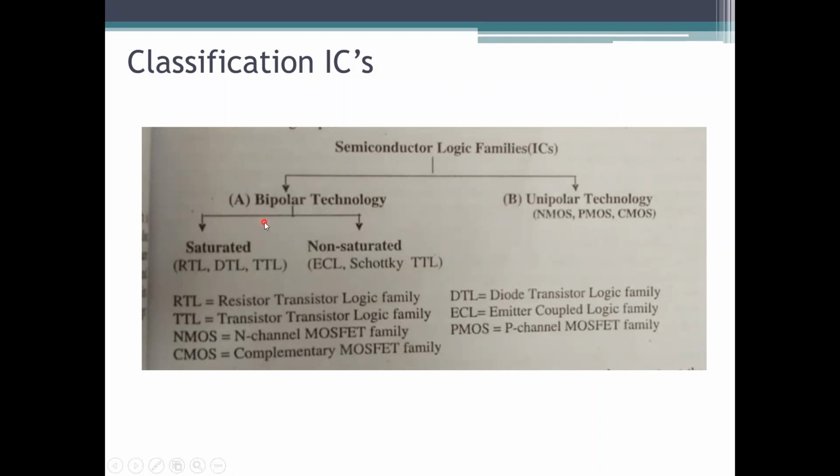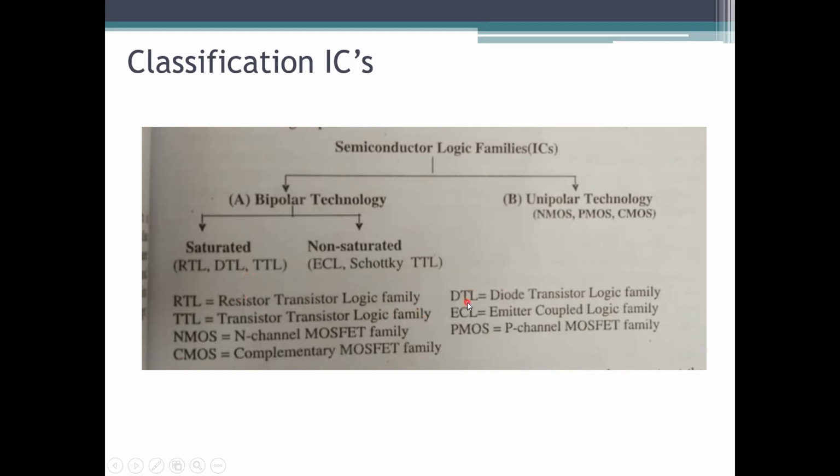Your bipolar is again divided into two subcategories: saturated and non-saturated. For saturated, there are RTL, DTL, and TTL. The long form for every IC is given here. RTL is the resistor transistor logic family. TTL is the transistor transistor logic family.